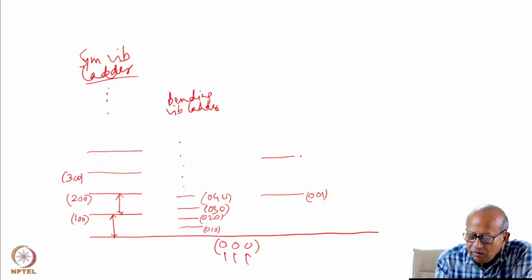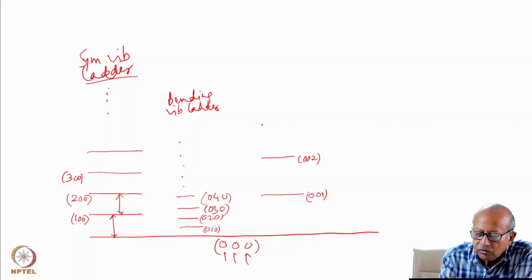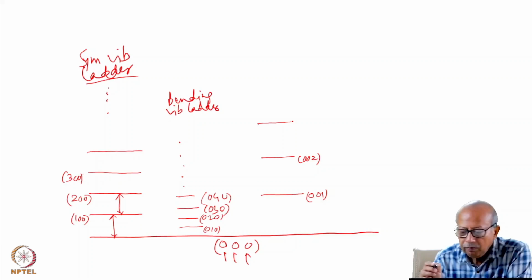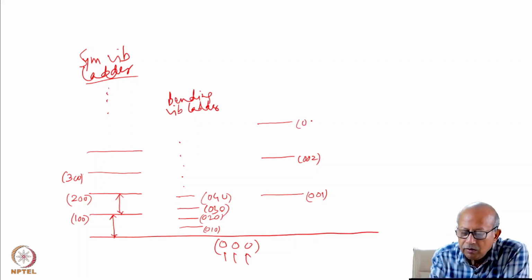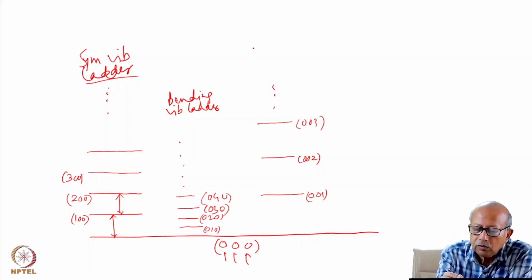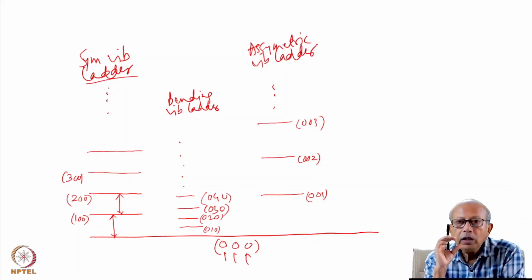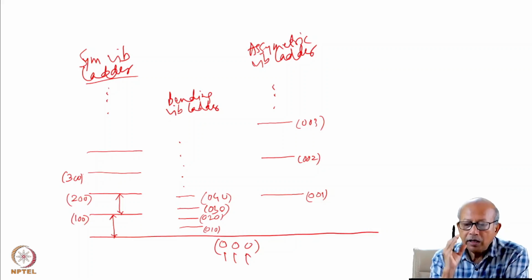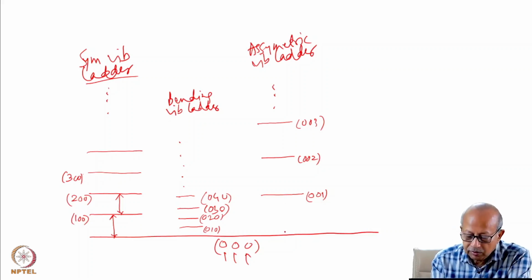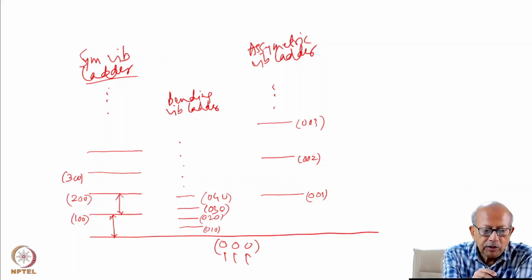This is the second asymmetric excited vibrational level. This is the third, and so on. So this is the asymmetric vibrational ladder. The quantum of energy required to excite one asymmetric mode of vibration is the highest, while the energy required to excite one mode of bending vibration is the least.